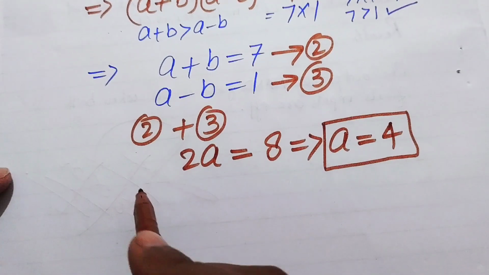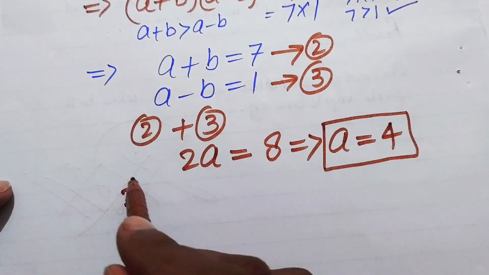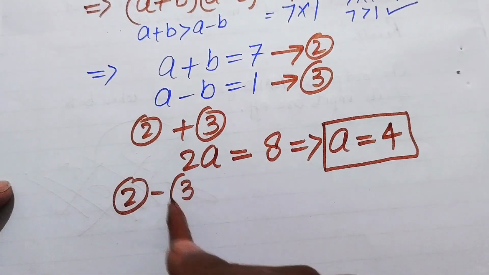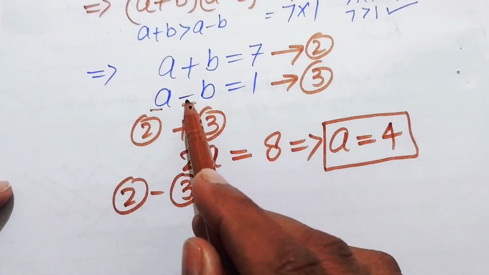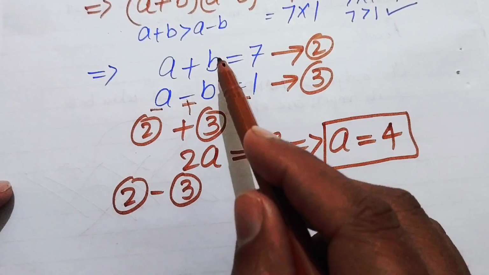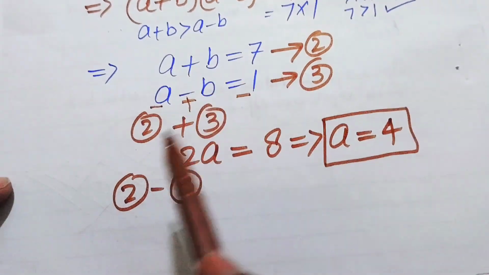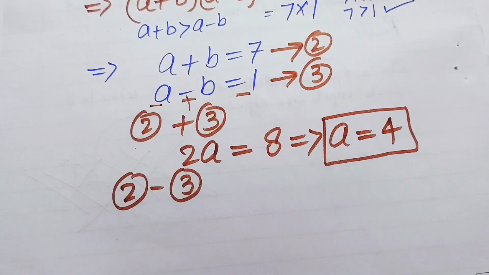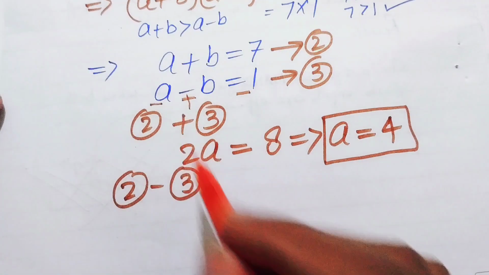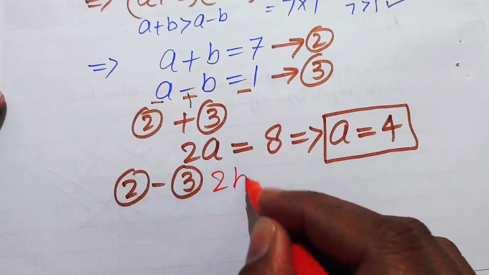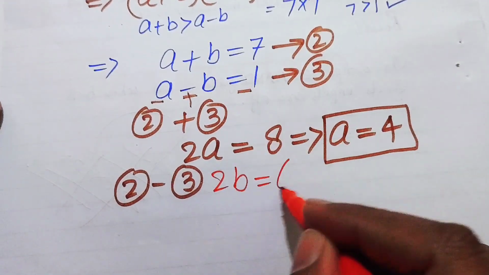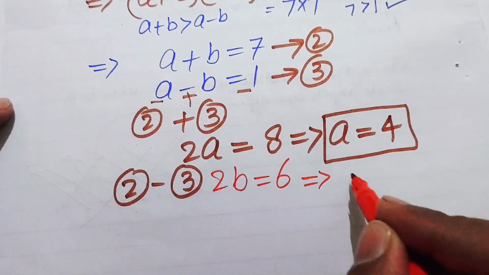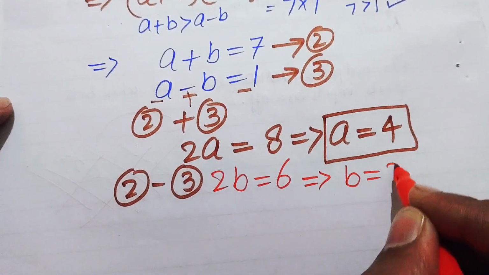Now we subtract equation number 3 from equation number 2. The a terms cancel, and we have b plus b equals 2b. So 2b equals 7 minus 1, which is 6, and this implies that the value of b is 3.